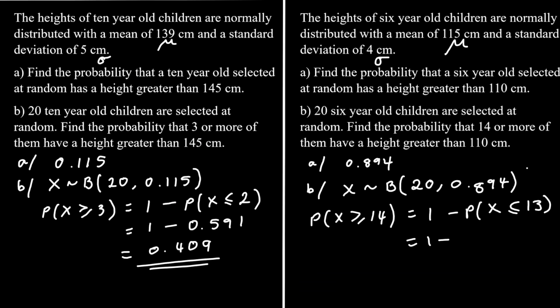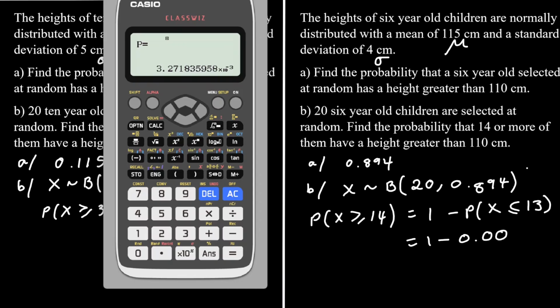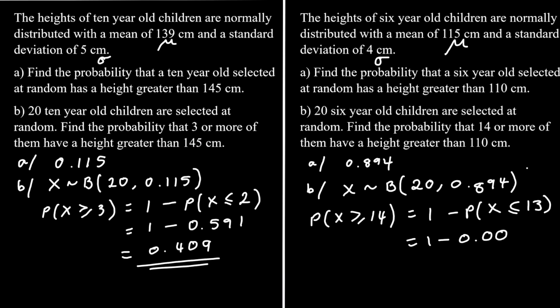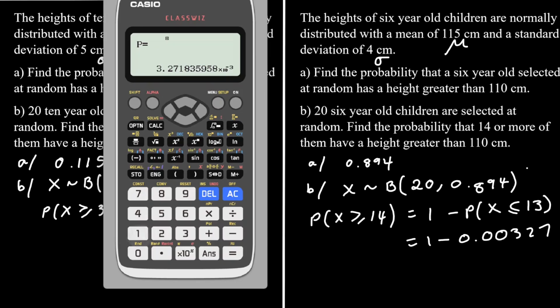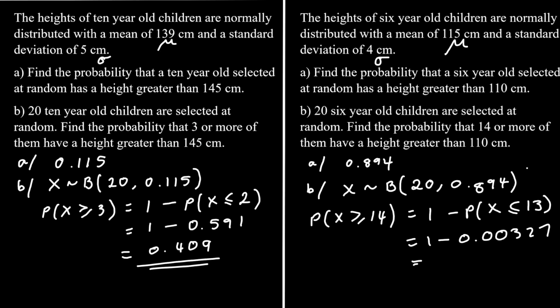So it's 1 minus that, 1 minus the answer, 0.997.